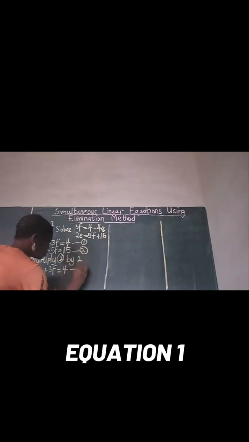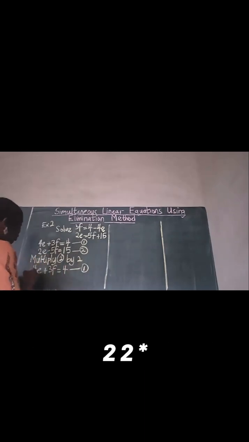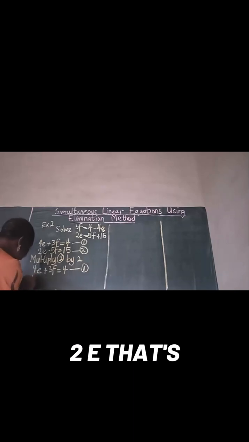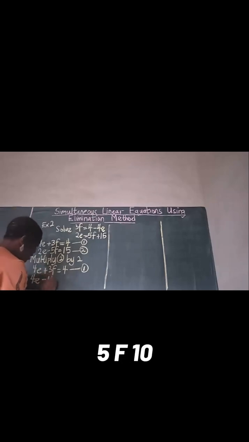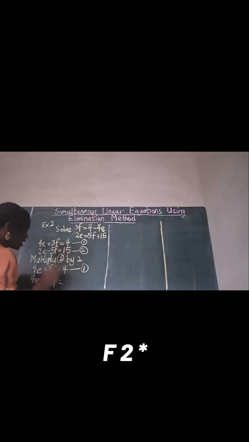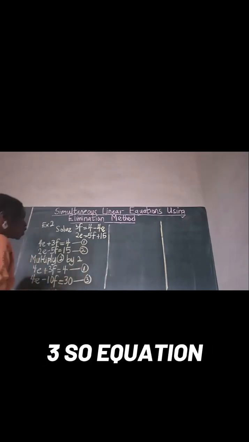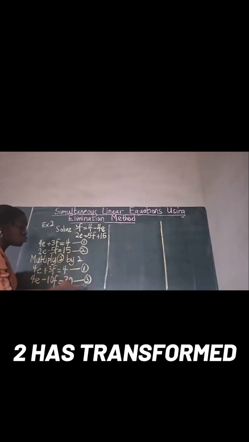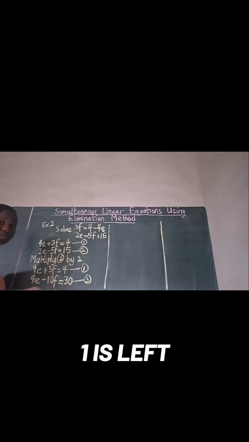That's still our equation 1. So let's multiply equation 2 by 2. 2 times 2e, that's 4e, minus 2 times 5f, 10f, 2 times 15, that's 30. Equation 3. So equation 2 has transformed to equation 3, while our equation 1 is left the same way it is.